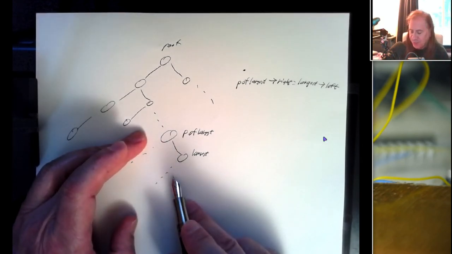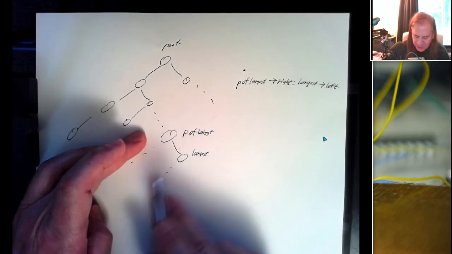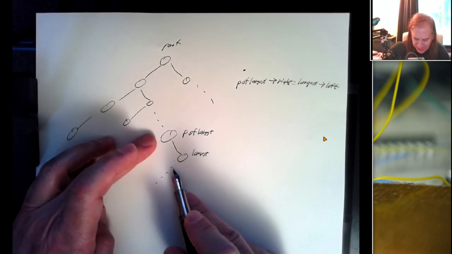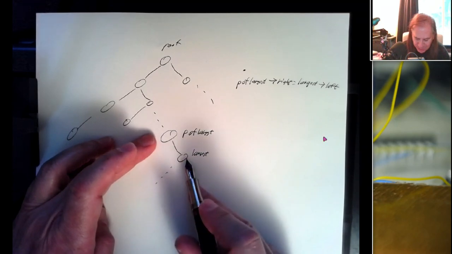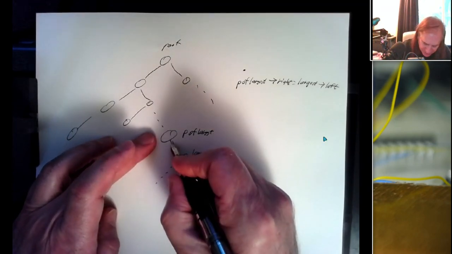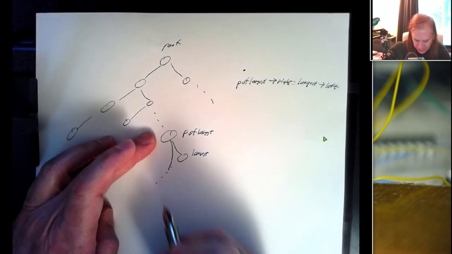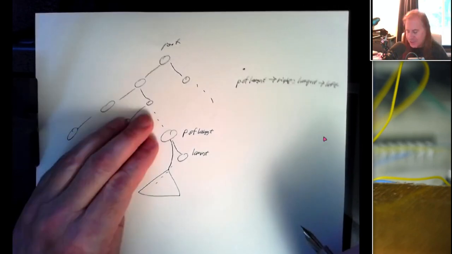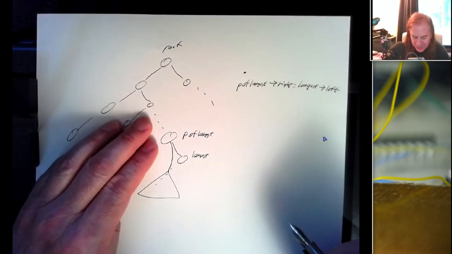Could be one node, could be null, could be an entire tree containing 1,000,000 nodes. It will take all of that and situate that subtree's root to be right here on the right of parent of largest. So that's where we adopt this subtree, which I'll just draw as a triangle. That's where we adopt it on the right of the parent so that it's not orphaned.